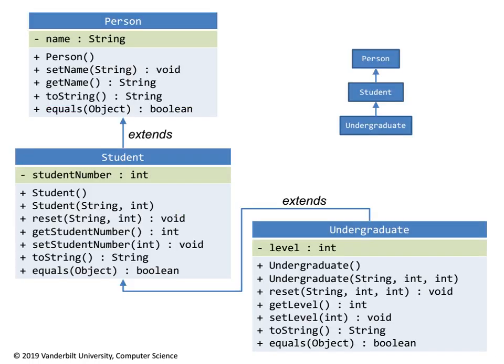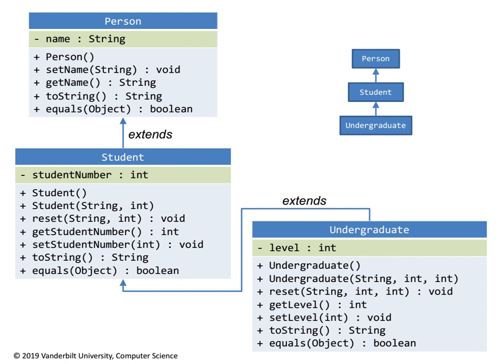So what we have defined thus far is a person class, then a student class which extends the person class, and now we have further defined an undergraduate class which extends the student class. So this is the inheritance hierarchy. In each of these rectangles we have the data in green and then the behaviors in gray.